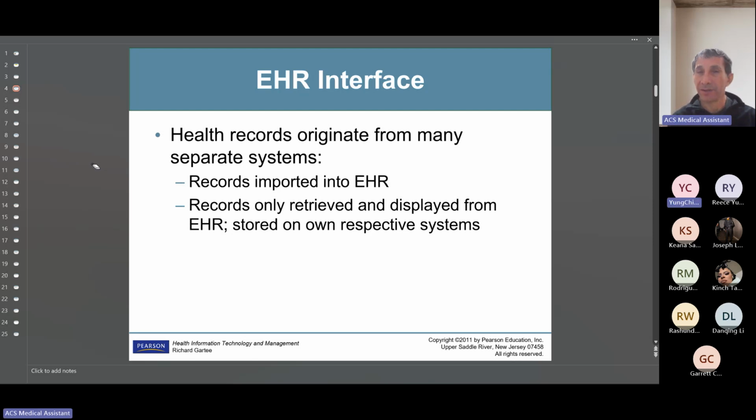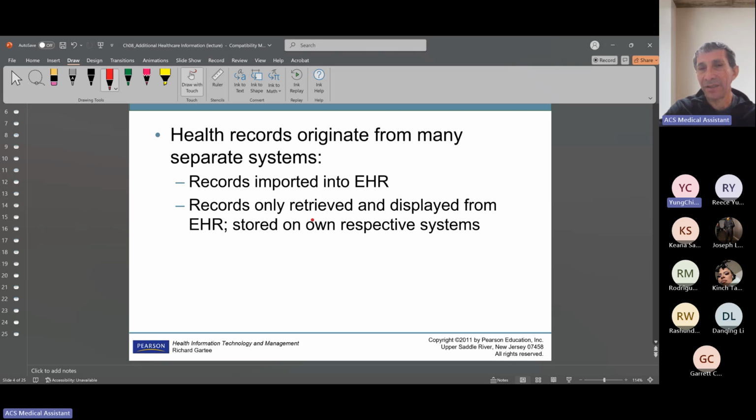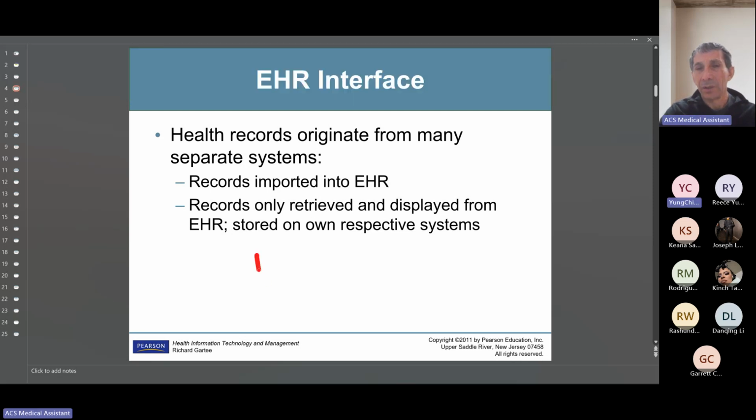Electronic health records, this is an acronym, EHR. We use acronyms all the time because it's a lot easier. So EMR, this is electronic medical records.